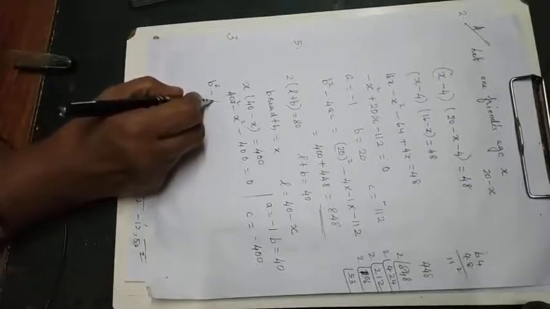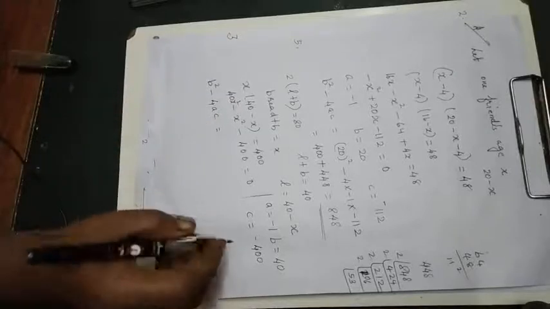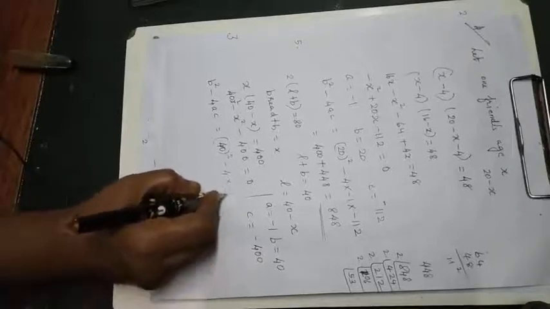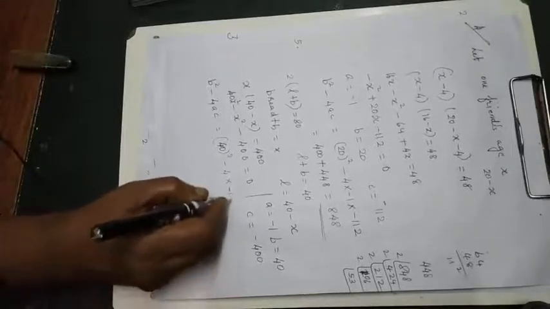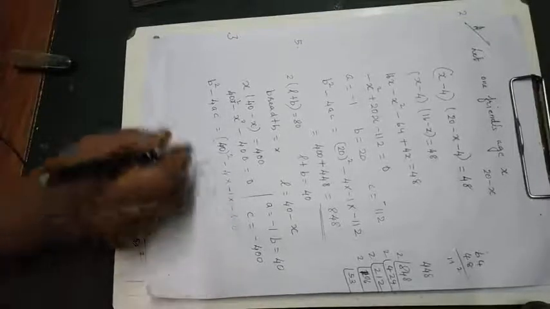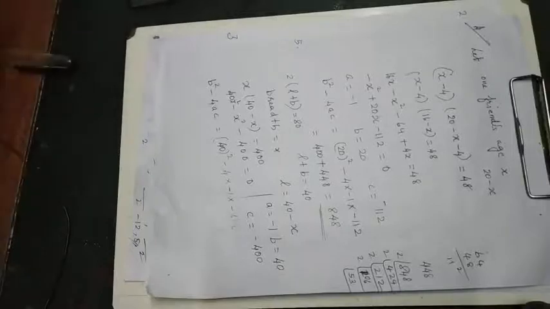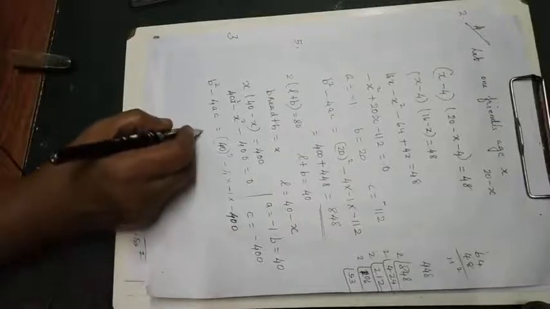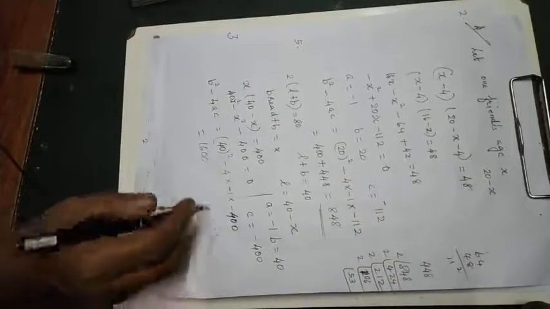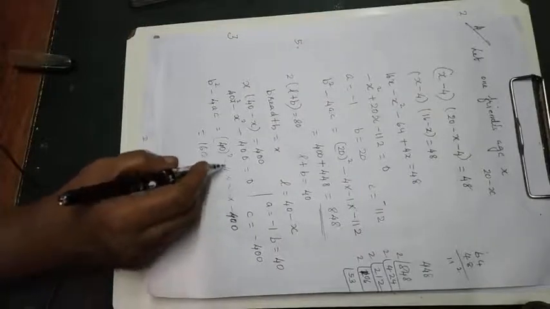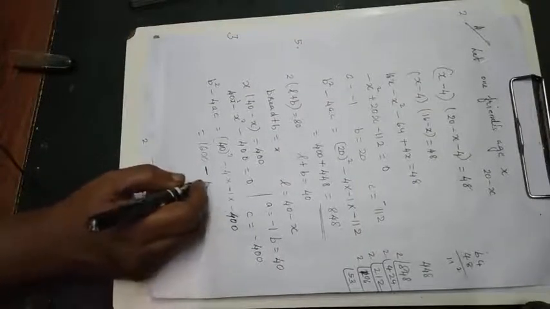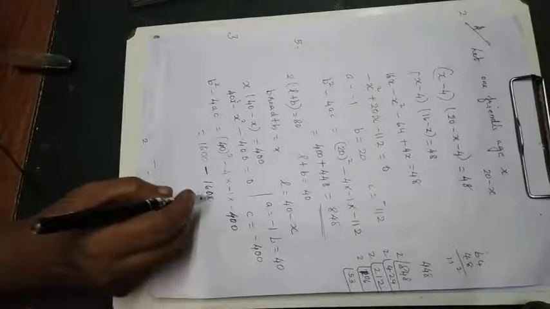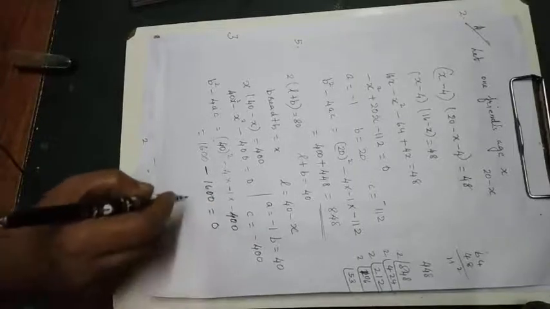So b square minus 4ac is equal to 40 square minus 4 into negative 1 into negative 400. Now 40 square you will get 1600, minus 1600. Now it will be 0.